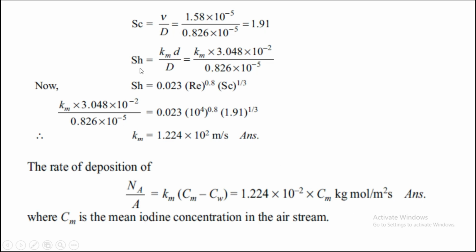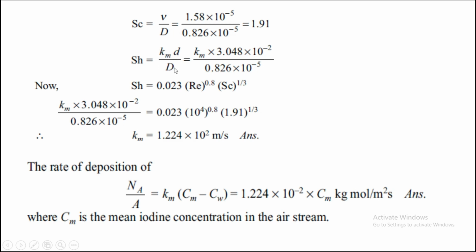After finding the Schmidt number, we can go for the Sherwood number. The Sherwood number contains Km × d by D. So far we used hm; here I put Km. Km or hm both represent the convective mass transfer coefficient. After substituting here, Km is the unknown parameter.